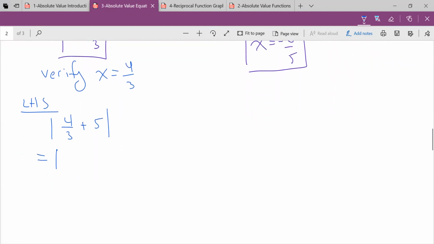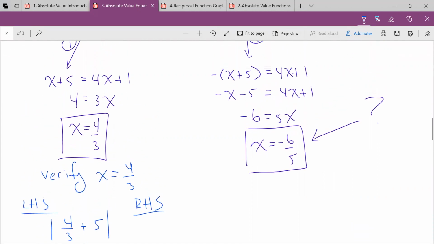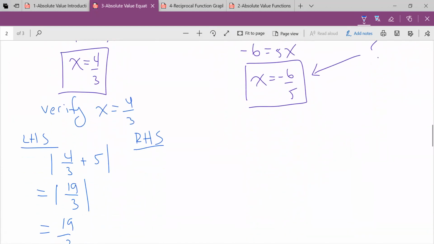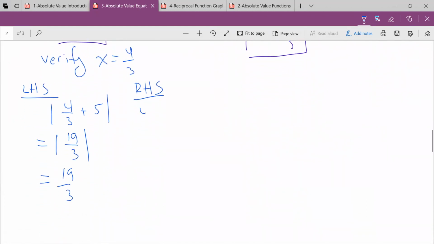Get a common denominator: 15 over 3, so this is 19 over 3, absolute value, which is 19 over 3. What was the right-hand side? 4x plus 1. So 4 times 4/3 plus 1 is 16 over 3 plus 1, which is 19 over 3. Boom, verified.